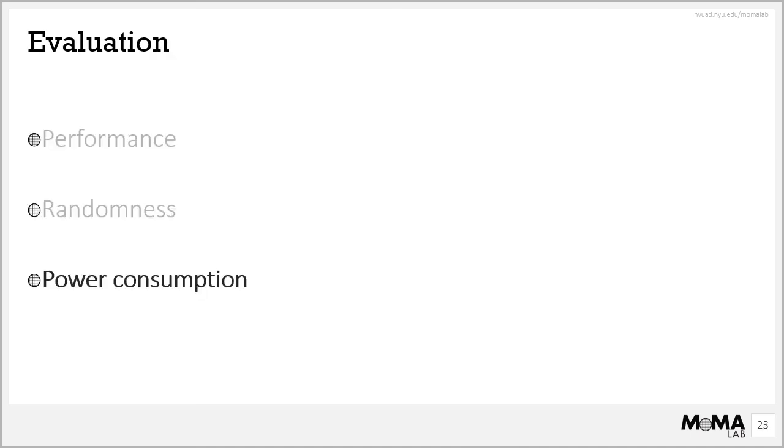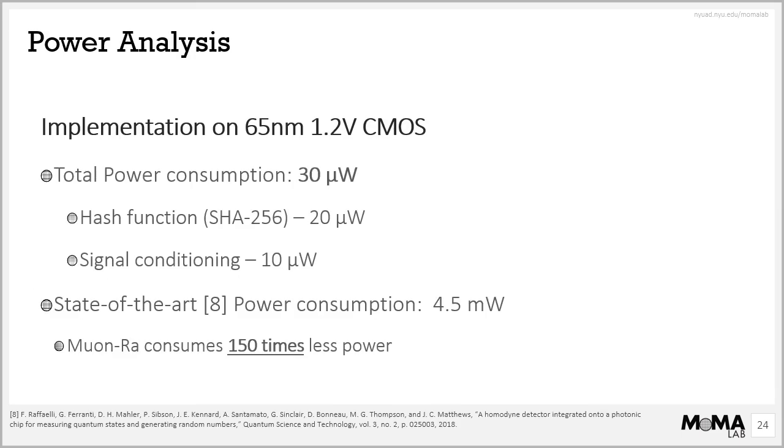Lastly, I would like to say a few words about how we evaluated our mechanism regarding its power consumption. So, as we saw from our evaluations, the power consumption of the digital circuit can be significantly reduced when implemented in GlobalFoundries, specifically on 65 nanometers CMOS, at an operating voltage of 1.2 volts.